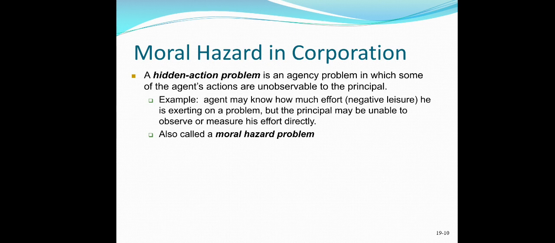The agent does not put in 100% effort. They can, if they want, and the principal would not know. So that is called moral hazard in corporation, or the moral hazard problem. The principal does not know 100% about what the agent is doing. Okay, so that is the moral hazard problem.